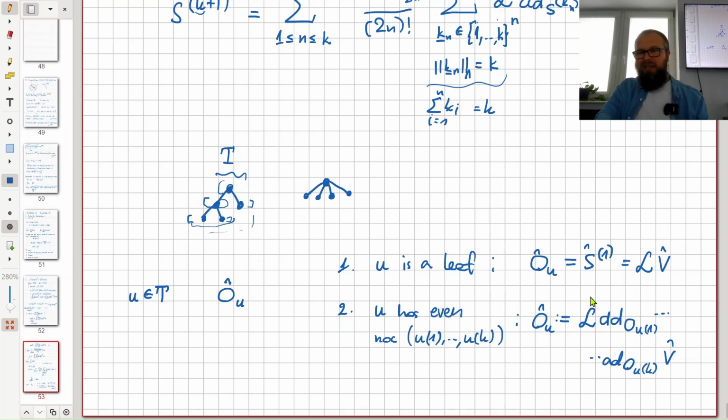And using those rules, you can backtrack and translate this diagram into the formulas. For leaves, I just use this. The root has an even number of children, so I would compose it like this. So I need the operators I would assign to the leaves, but I know what they are, I can calculate them.